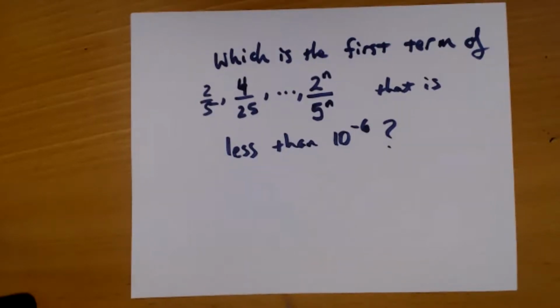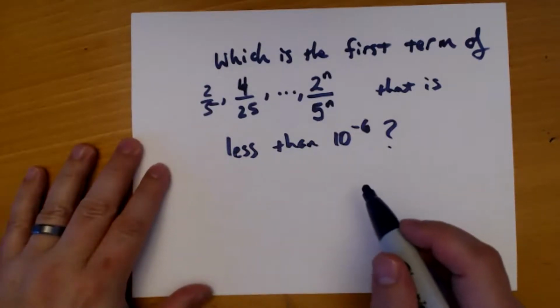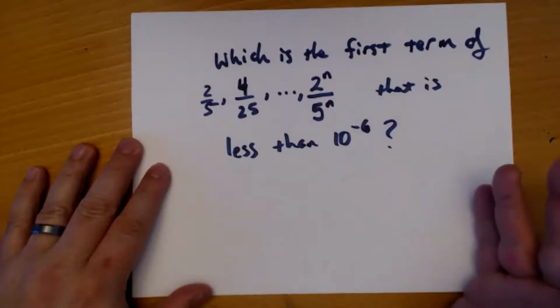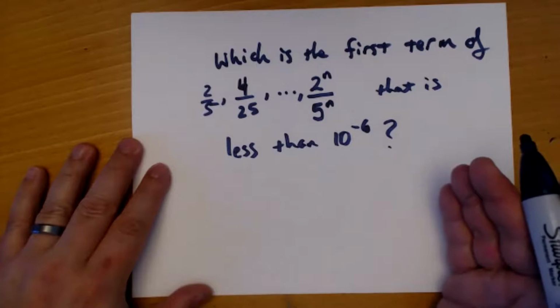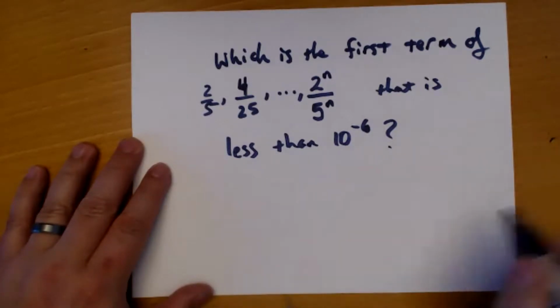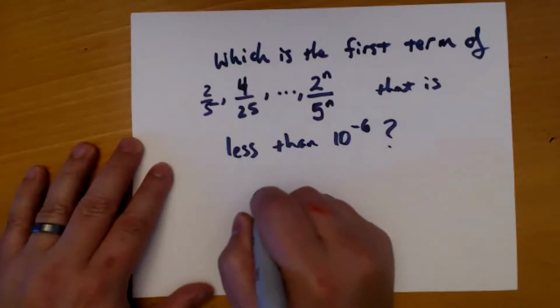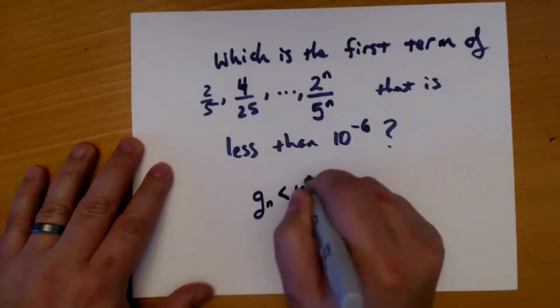Okay, so first things first, people, let's set this thing up. So the nth term, whatever that term is, there's some term that's smaller than this number. Okay, so I want my g sub n to be less than 10 to the negative 6th.